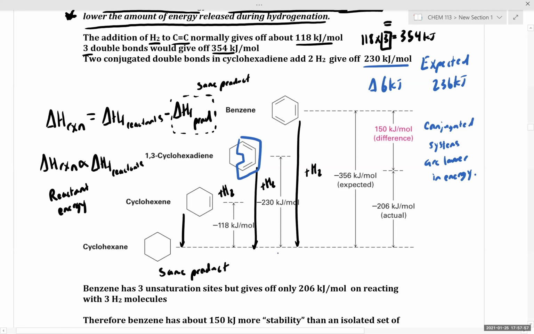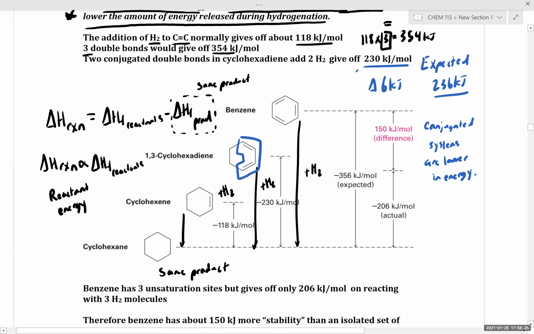Does that idea make sense? Can you say it again? Which one is more stable? So cyclohexadiene is more stable than just an isolated set of alkenes because, as we can see, if we subjected 2 isolated alkenes to hydrogenation, we'd expect it to release around 236 kilojoules of energy.